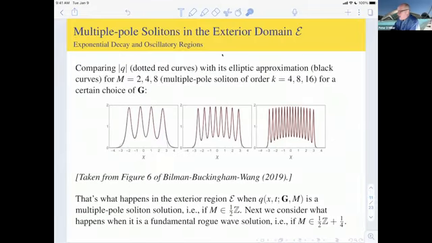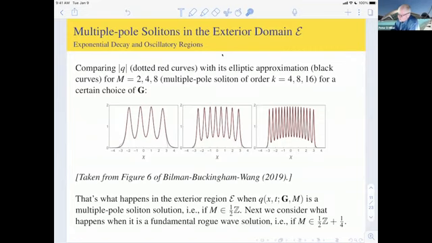Here are some plots from that preprint comparing the modulus of q with its elliptic function approximation. The red curves are the modulus of q, and the black curve is the elliptic function approximation, if I'm not mistaken.